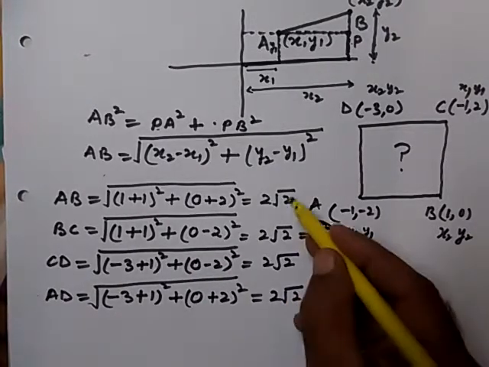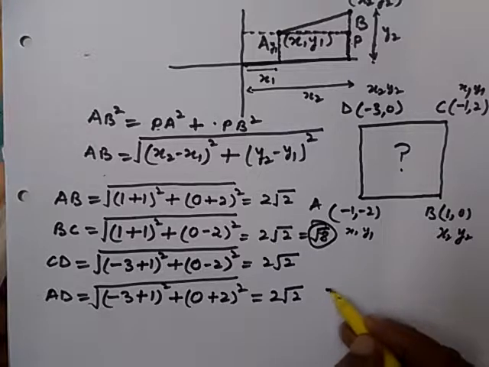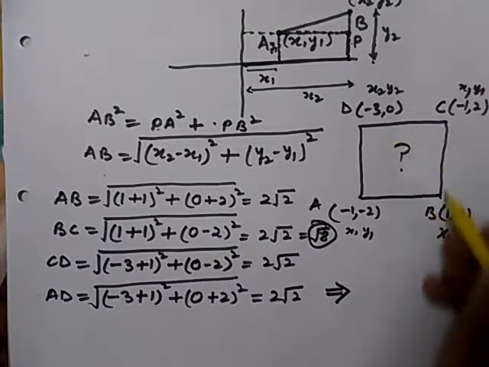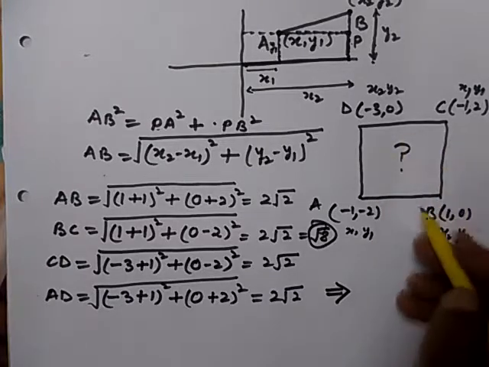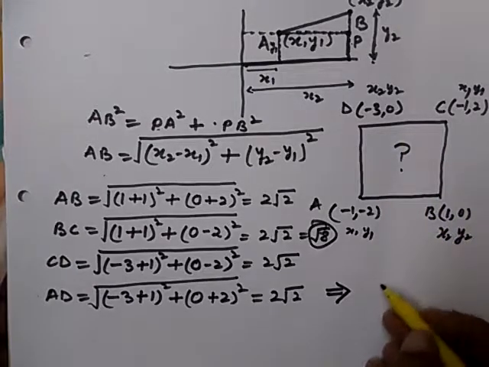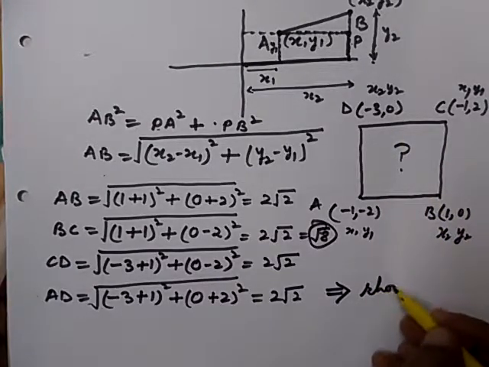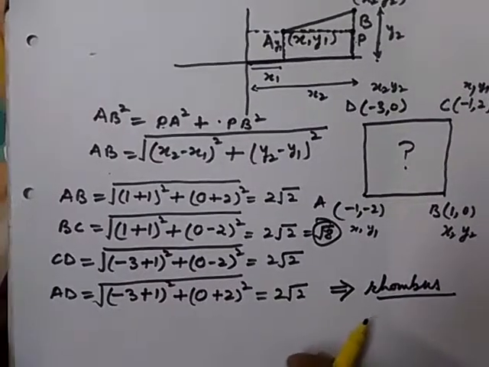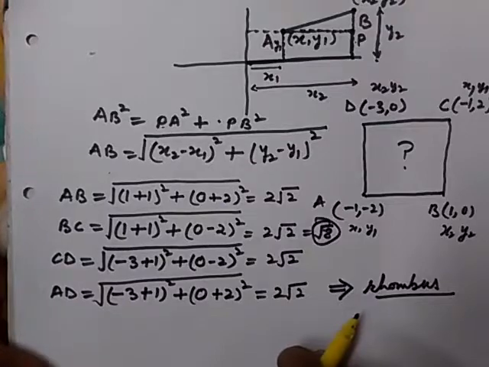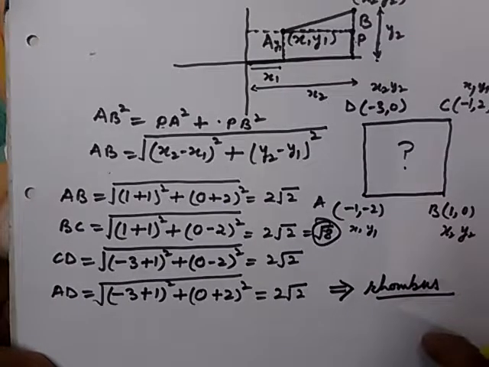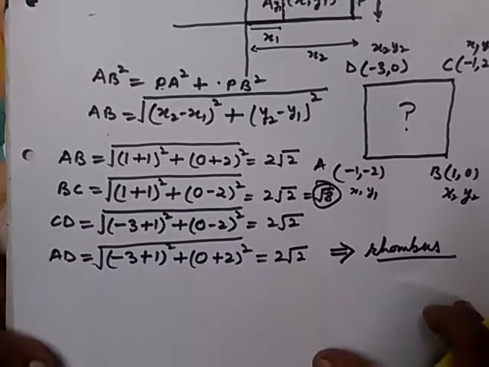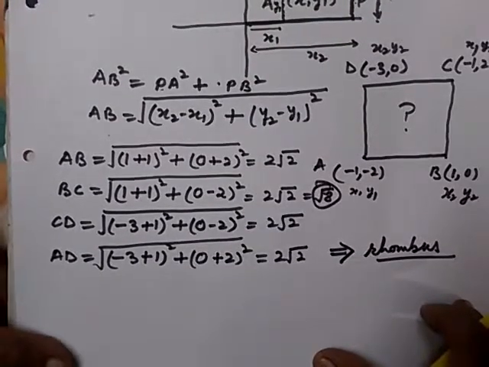So from these four sides, you can say that this quadrilateral whose vertices are given to you is a rhombus. For the time being it is a rhombus. Is this quadrilateral a square? If you want to decide whether this quadrilateral is only a rhombus or a square, then you have two options.